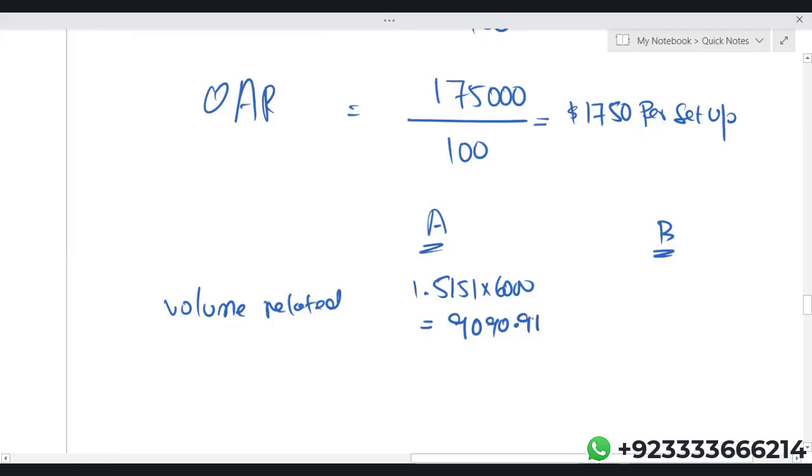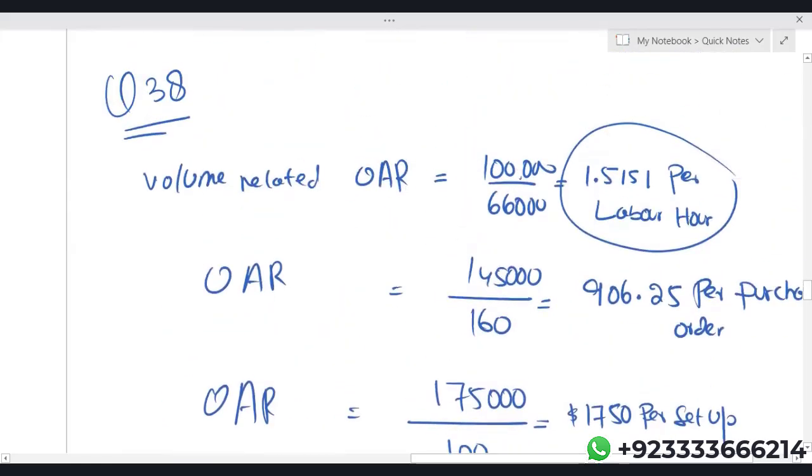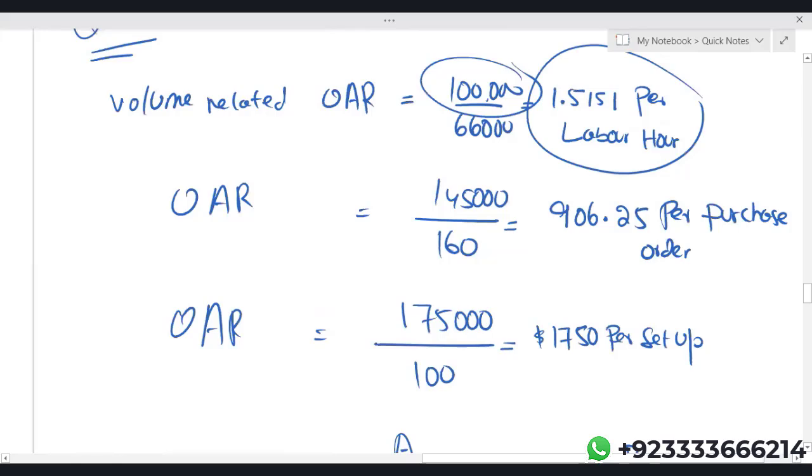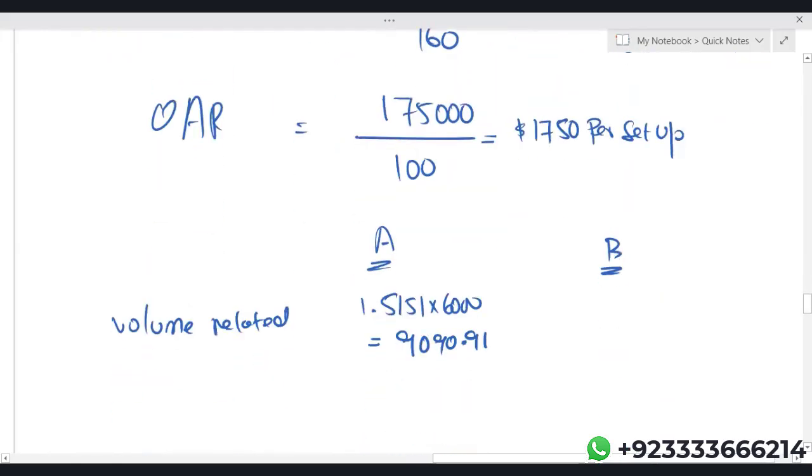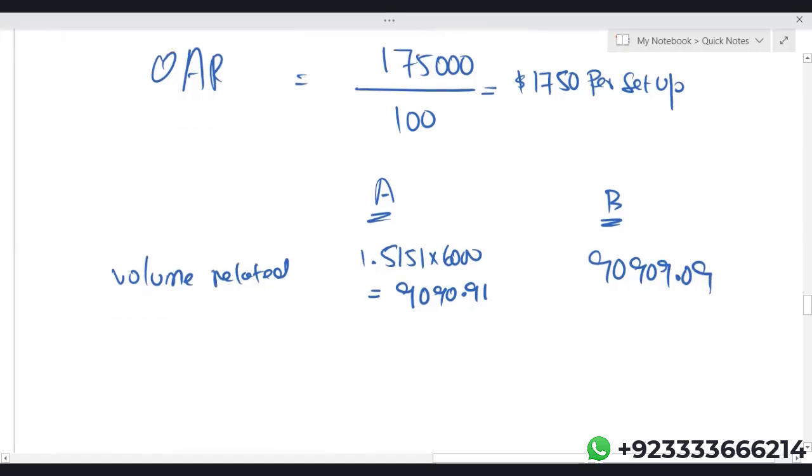Beta I can easily calculate. How? Because the total is 1 lakh. Simply from 100,000, minus 9090.91 will give you 90,909.09, which belongs to beta. That is volume related.